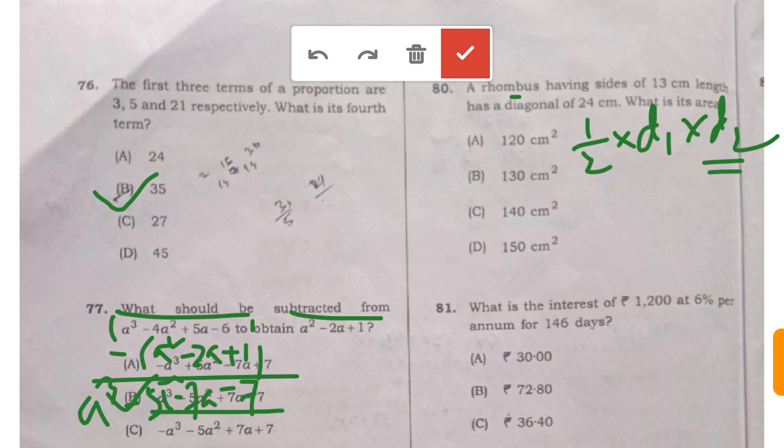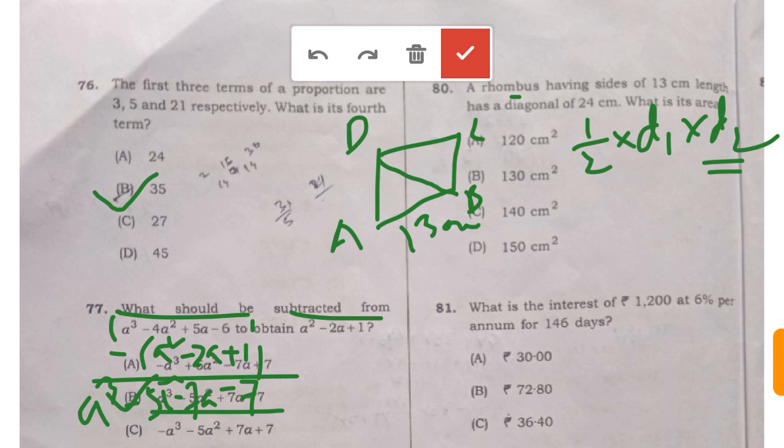Now how to find, I will show you. Simply draw a rhombus A, B, C, D, and its sides are given 13 centimeter and one diagonal is given 24 centimeter, and we have to find out the other diagonal. So here it will be 12 and here it will be 12. Okay, and this angle is 90 degree.